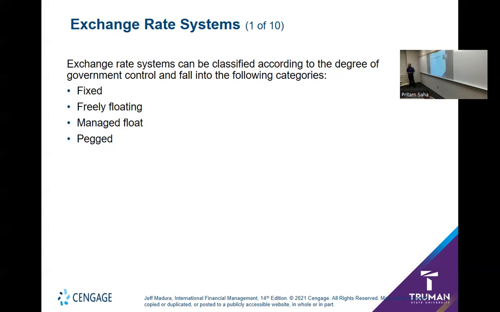What can we think of? So when we say the exchange rate is fixed, that means for any sort of transactions, exchange rate will be constant, right? If we say right now, this is the exchange rate, that will be constant over time.